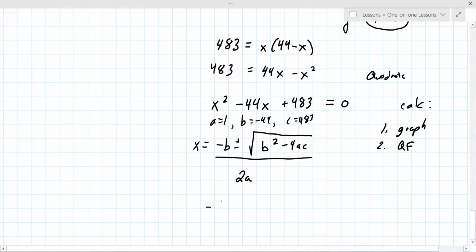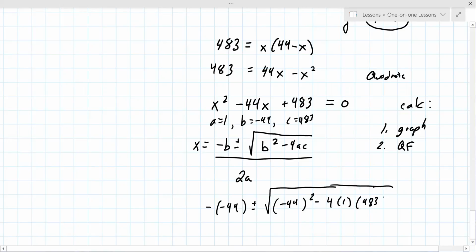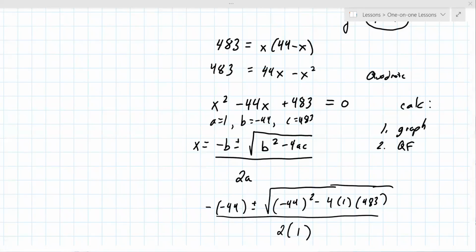So minus b: minus minus 44 plus or minus the square root of minus 44 squared minus 4 times 1 times 483 all over 2 times 1. Okay, so plug that into the calculator.